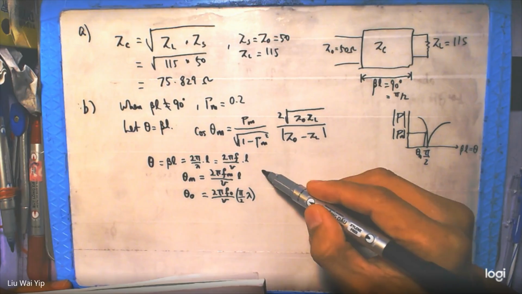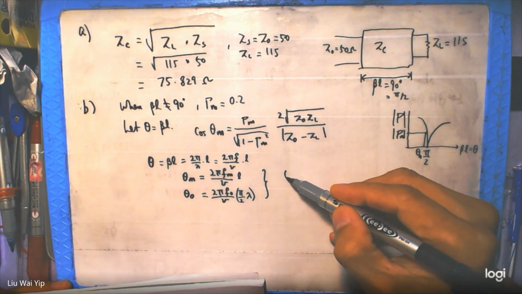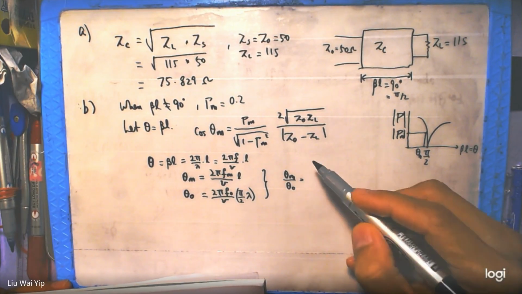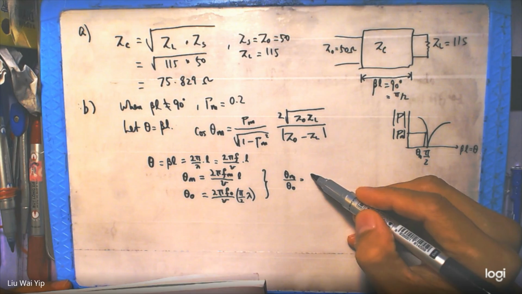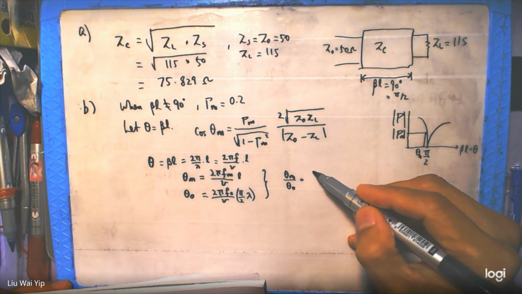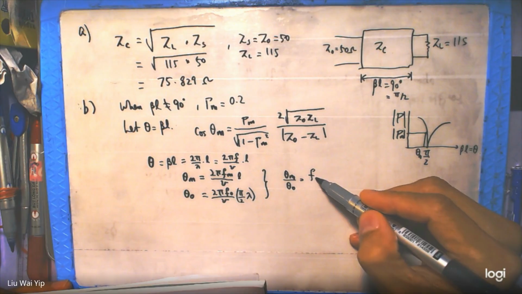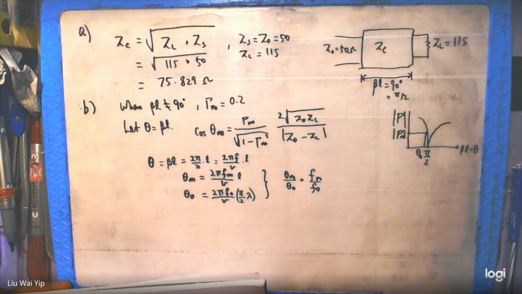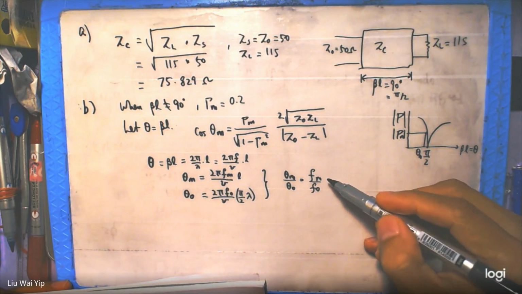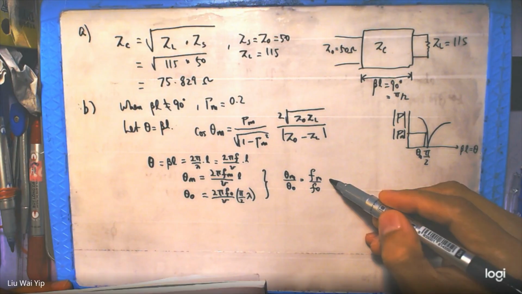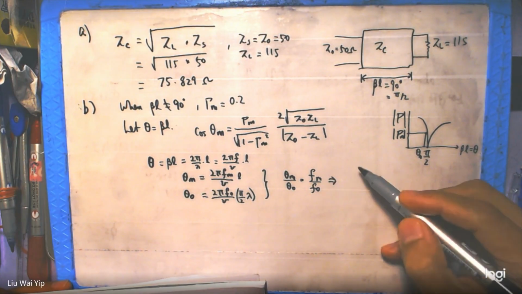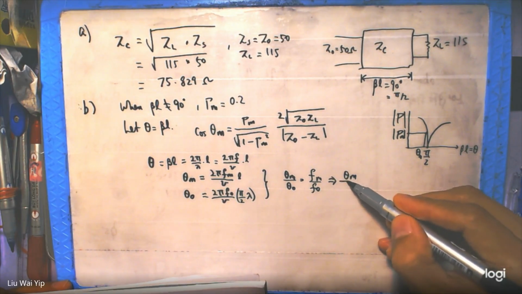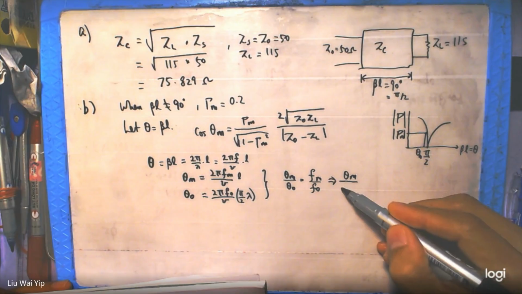In other words, theta m divided by theta naught is equal to fm over f naught. And as I told you just now, theta naught is pi over 2.